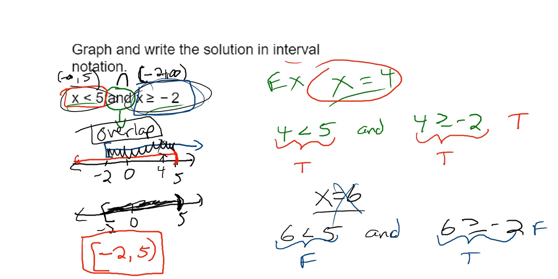So this would be another way of writing the answer, and becomes an intersection. This inequality gives you this solution set, this interval here. This inequality gives you this interval here. And then you want to intersect those, which means you want to find what these two share in common. Where do they overlap? Which simplifies down to this.